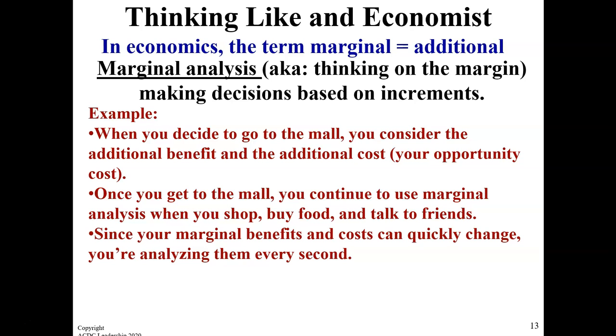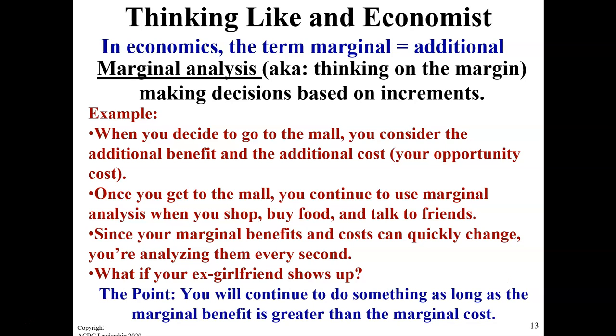Since your marginal benefits and costs can quickly change, you're analyzing them every second, whether you realize it or not. What if your ex-girlfriend shows up? My point? You will continue to do something as long as the marginal benefit is greater than the marginal cost.